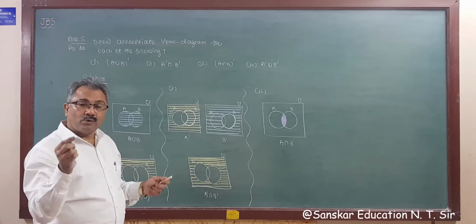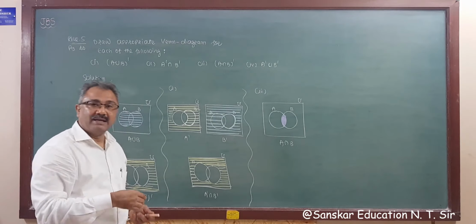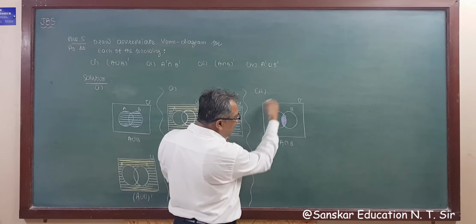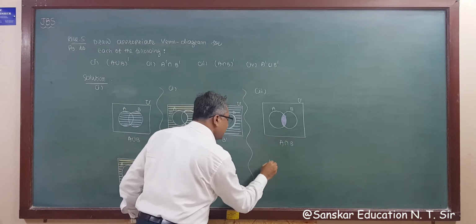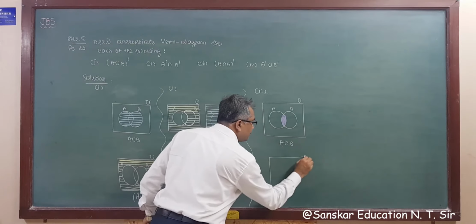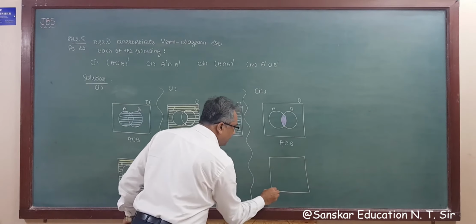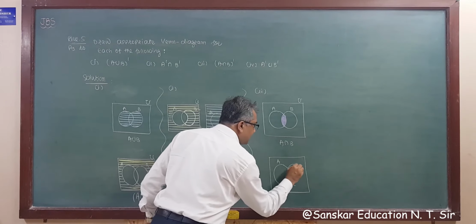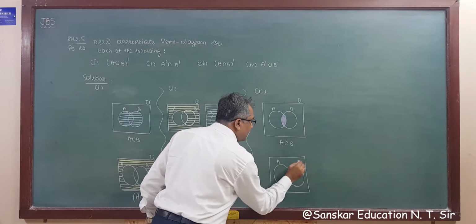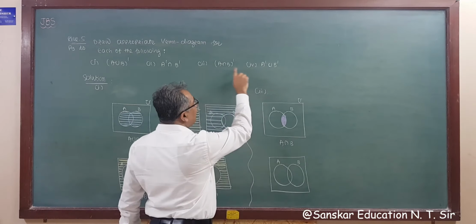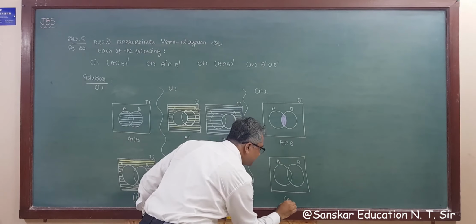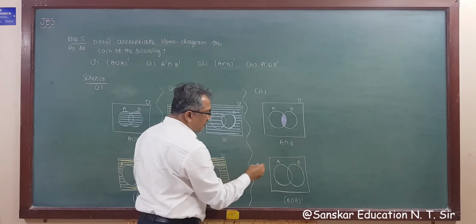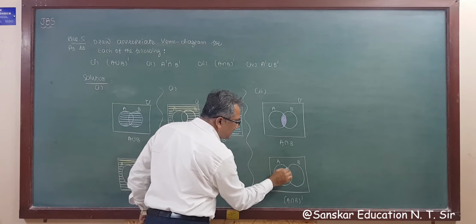Now the complement of A intersection B is the set of points which are not in this portion, meaning all the enclosed area. So this is A, this is B, then A intersection B whole dash means the set of all points which are not here, except this.